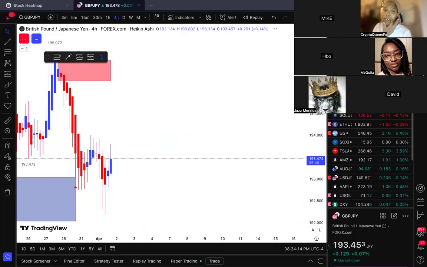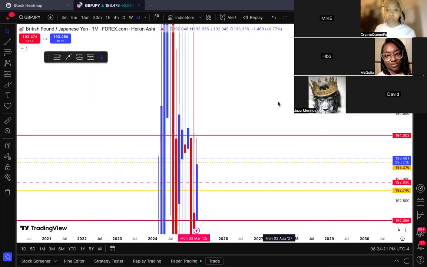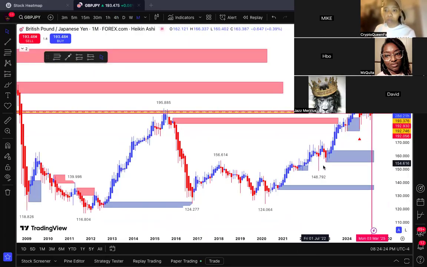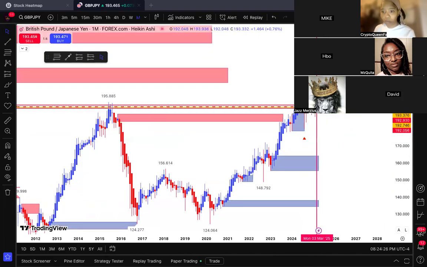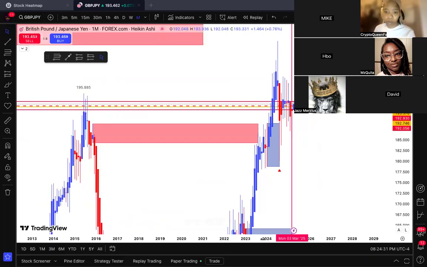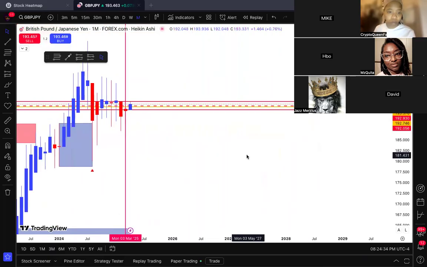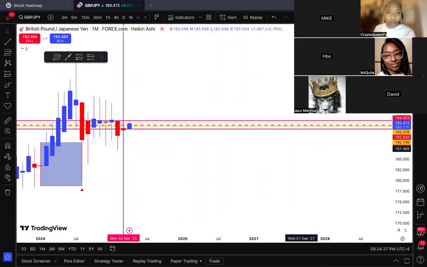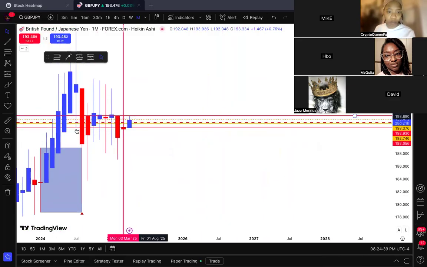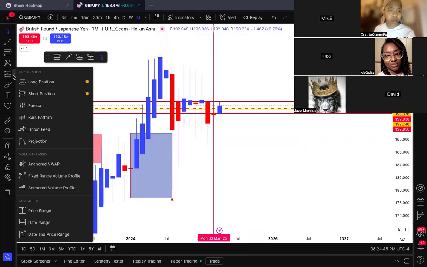Look at GJ. Yeah, new month. And we got GJ opening up with the blue candle on the month. You can see it's coming out of a monthly order block.